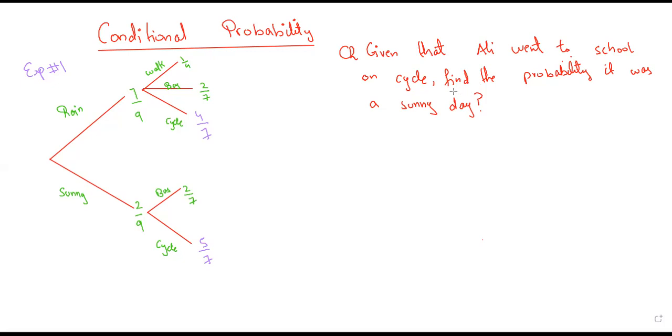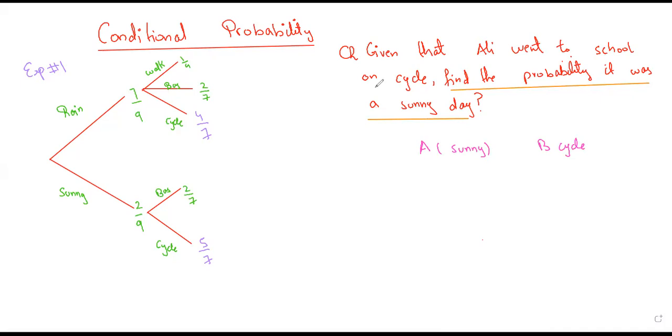Now you need to find the probability that it was a sunny day given that Ali went to school on cycle. So A is basically sunny day and B is cycle.